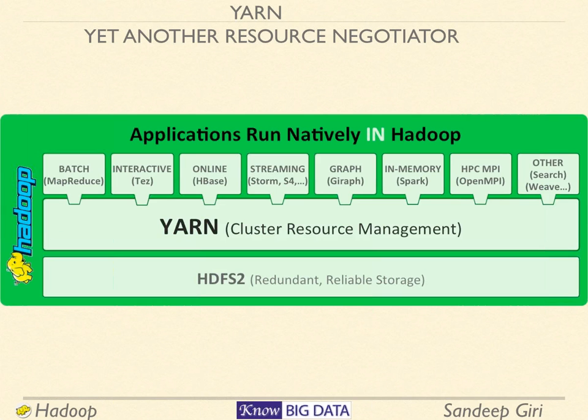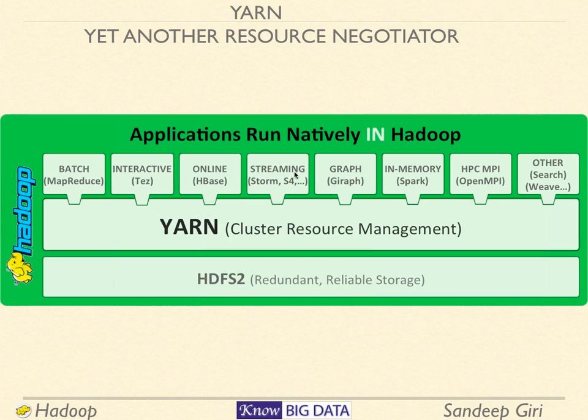Now you can have this other graphic which shows what things are possible. For example, for batch processing, you use MapReduce. Then you have Apache Tez, which is interactive processing on top of YARN. Similarly, you have HBase, which uses YARN as well as might use MapReduce at various times.